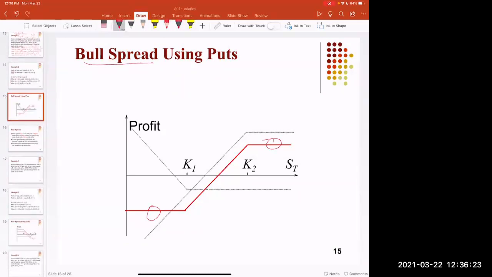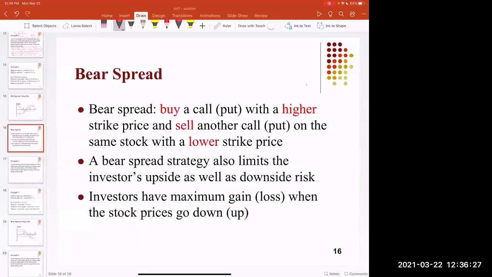Another example of a spread strategy is called the bear spread. What is the difference between these two? A bear spread also involves buying or selling the same type of options. A bear spread is to buy a call or put with the higher strike price and sell another call or put on the same stock with the lower strike price.